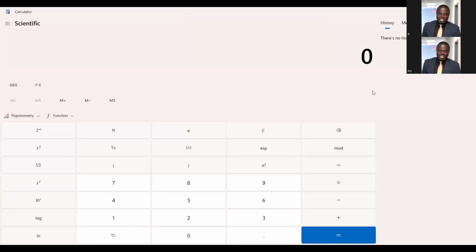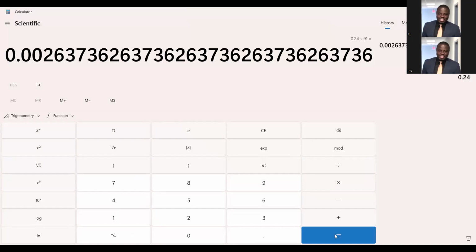So I had 0.6 times 0.4 equals, divided by 91, equals. Now I have this, but I have a square root which covers all of it, right?